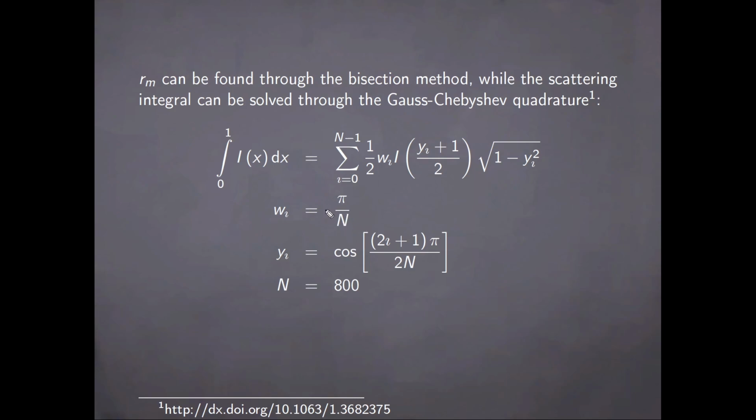They are given by the ratio of pi to capital N, and the variables y of index I are just the roots of the Chebyshev polynomials of order I, having these expressions, and N is taken here to be equal with 800.